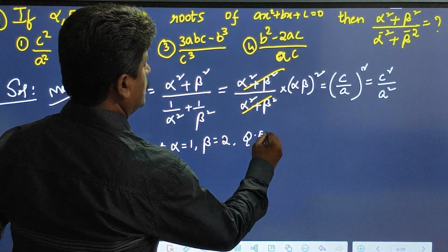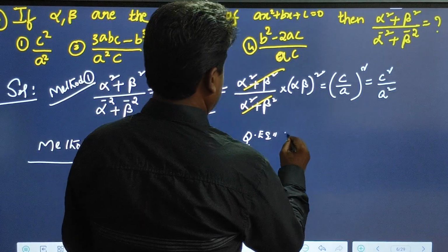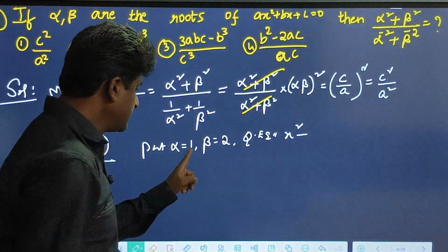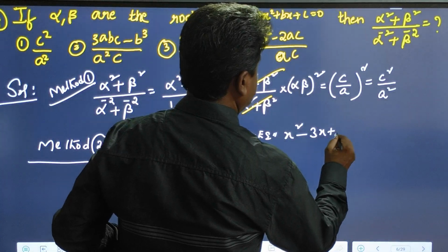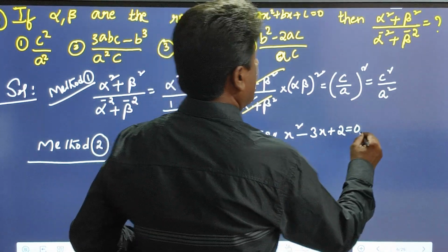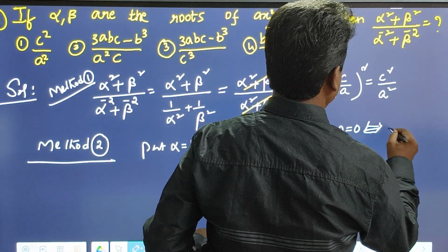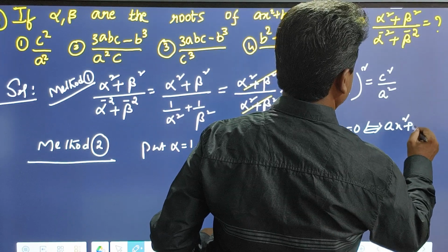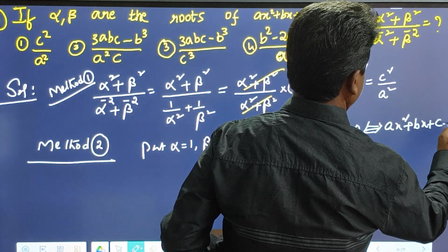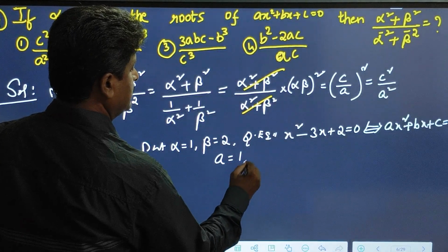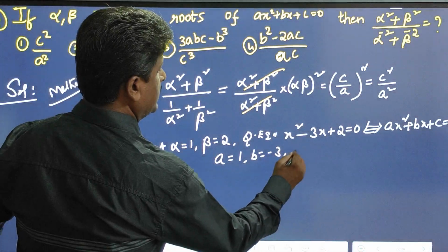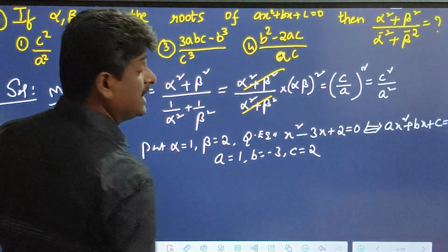Now the quadratic equation will be x square minus (alpha plus beta) into x, that is 3x, plus 2 is equal to 0. Compare this equation with ax square plus bx plus c is equal to 0. With that, we get a is equal to 1, b is equal to minus 3, c is equal to 2.